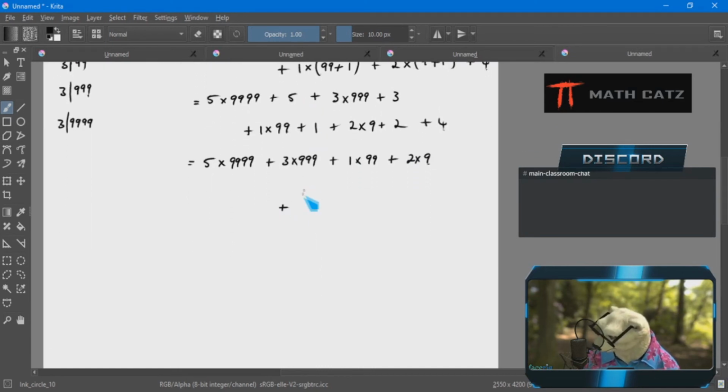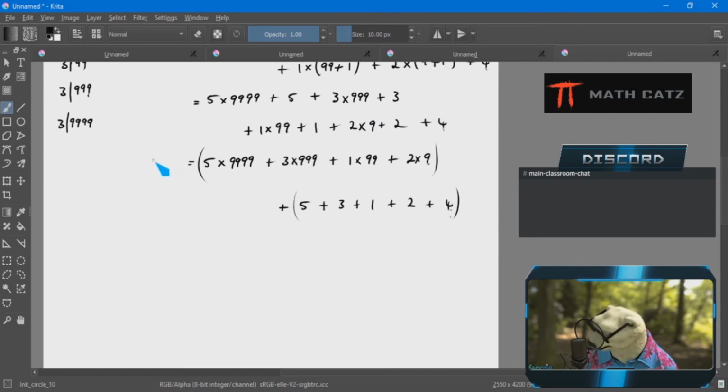What I have not grouped is 5, 3, 1, 2, and 4. I'll put brackets around it. Why not? 2 groupings. These all sort of look similar, right? They have some multiplication in them, and the other ones are just there.